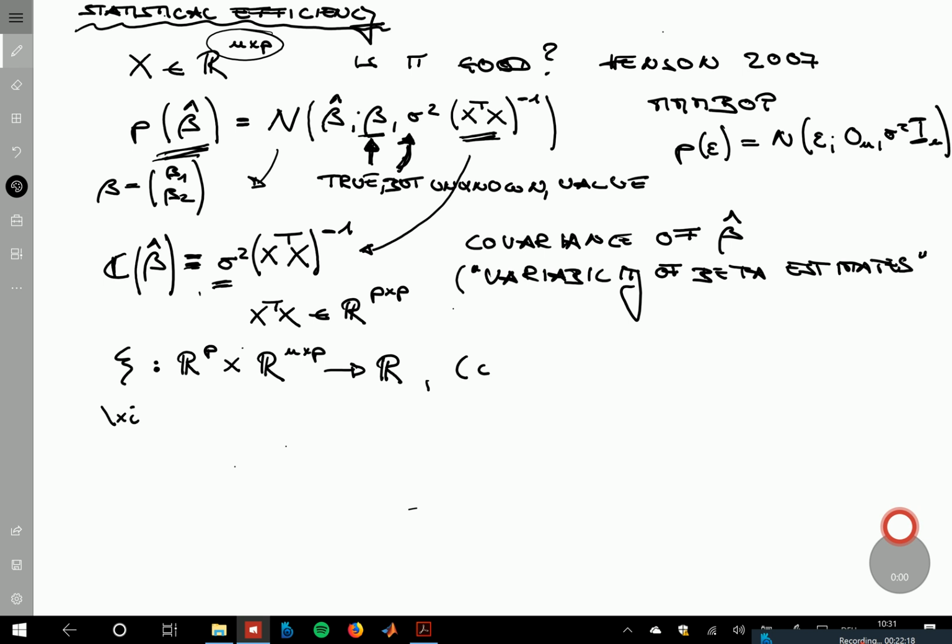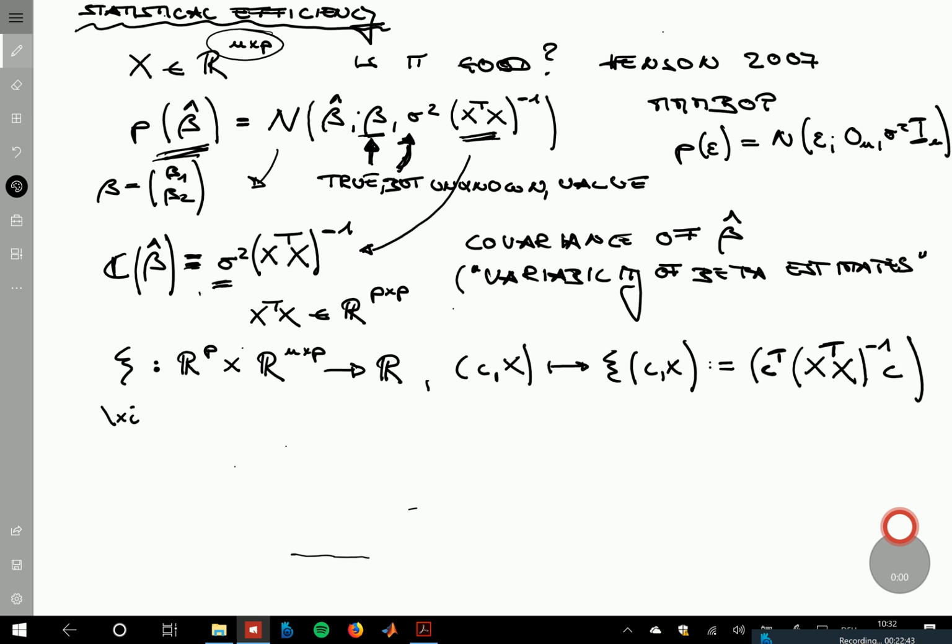So you put in a contrast vector, you put in a design matrix, and you project this onto CX, and you define this as the transpose of the contrast vector times (XTX)^-1 times c, and take this to the power of minus 1.